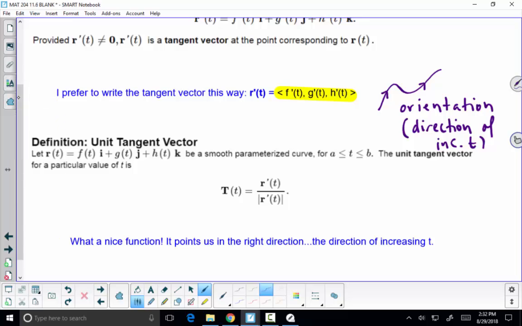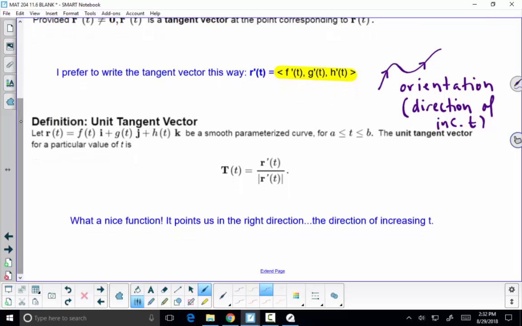Now, we've talked a little bit about unit vectors, and here we're going to start talking about unit vectors again. It's going to be really important to be able to create a unit tangent vector. The reasons why are kind of complicated. We'll get to them later. But one of the things that's helpful if you have a unit tangent is to determine the curvature of the curve.